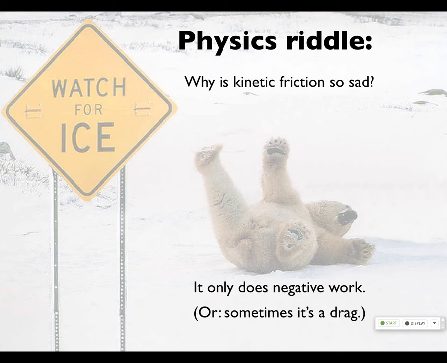But why does kinetic friction only do negative work? It goes against motion. Yeah, if I'm pushing something like this trash can this way, the displacement's this way. Friction always, by definition, kinetic friction always points opposite the direction of motion. So friction can only do negative work, which makes for a fun joke.